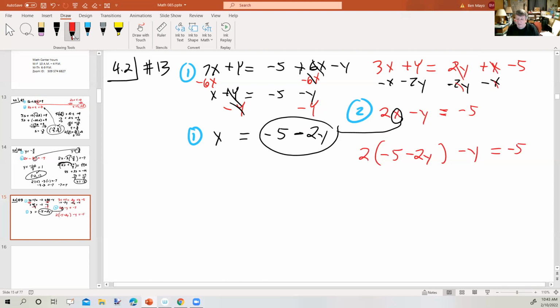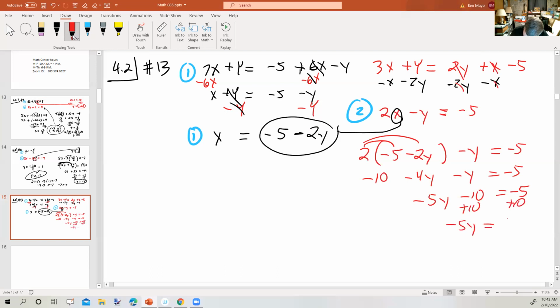So after all that, I'm at step 3. I have one equation with one unknown. So we've got -10 minus 4y minus y equals -5. Combining like terms, -5y minus 10 equals -5. I'm going to add 10 to both sides of the equation. -5y equals 5.